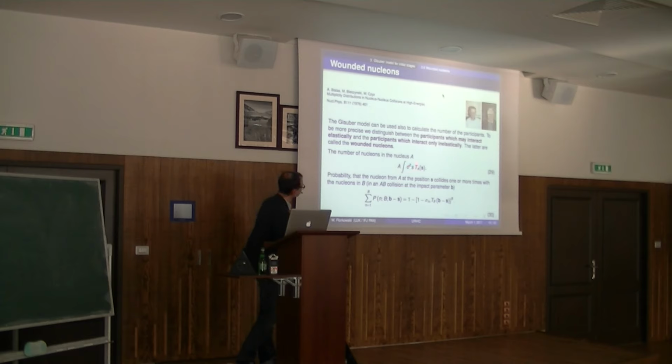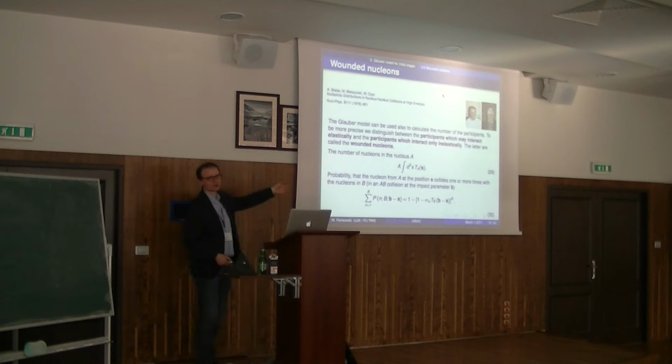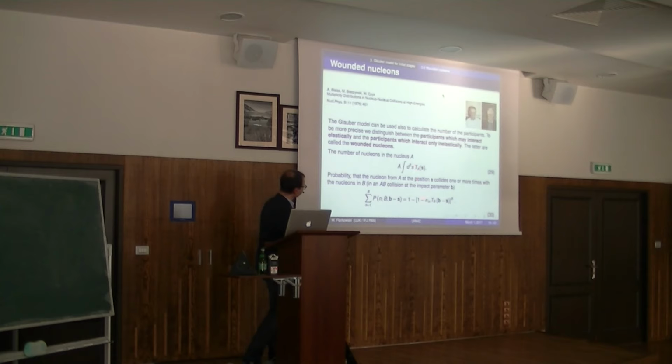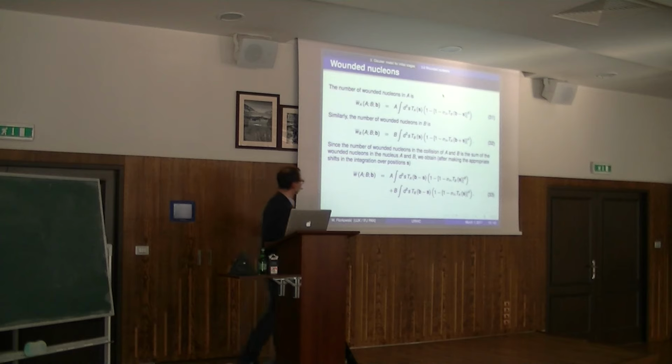The thickness function times the element of transverse area gives the probability of having a nucleon in this position. This probability can then be multiplied by the probability that the nucleon from this nucleus at position S collides one or more times with the nucleons in B. So we again use these simple formulas from the previous slides, and we convolute this expression with this one, and then one gets some expressions. We don't have to go into details.